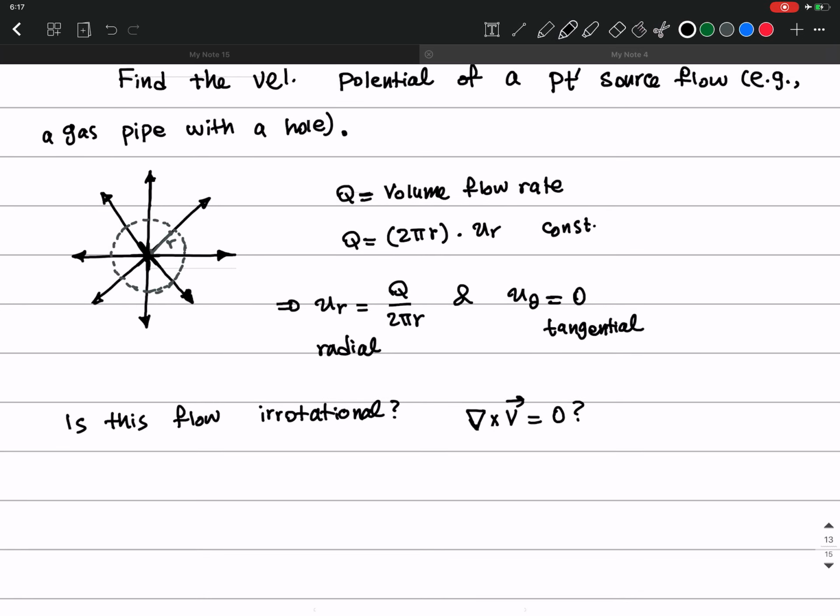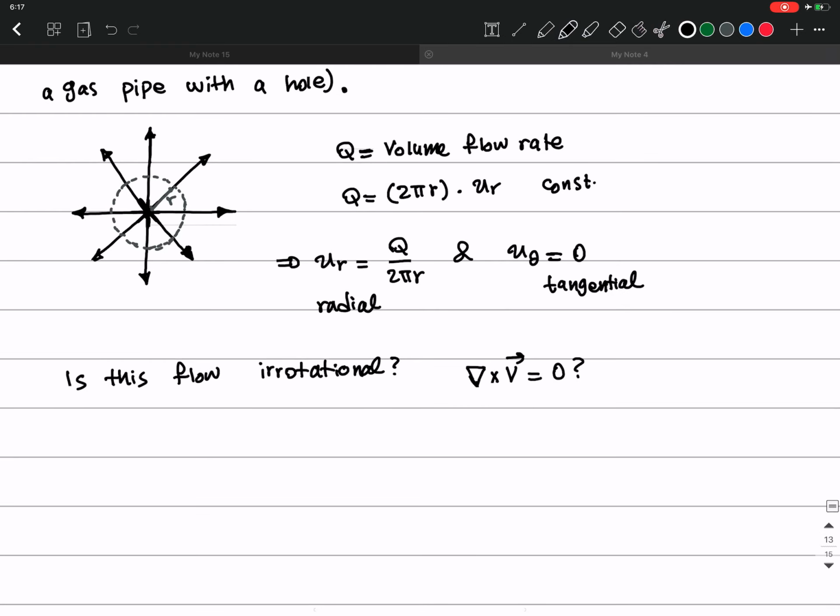Because we wrote the velocity components in radial and tangential components, in other words in cylindrical coordinates, I want to talk a little about cylindrical coordinates and how we define the curl of velocity in them, because there are some differences from Cartesian coordinates, the typical coordinate system that we use.